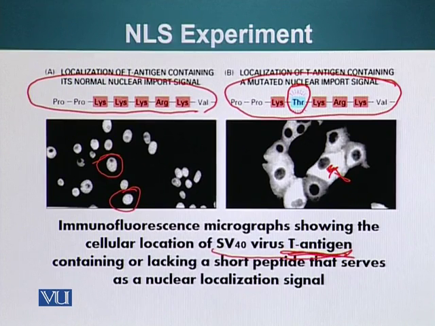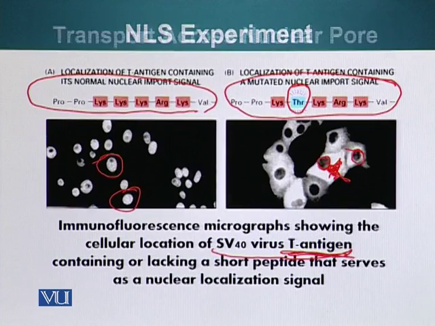We can see that the T antigen is present only in the cytosol, and this black void you can see here is the location of the nucleus. So if we change one amino acid of this protein, it does not enter the nucleus. This is how important the sequence of amino acids in the NLS is in getting a protein into the nucleus.